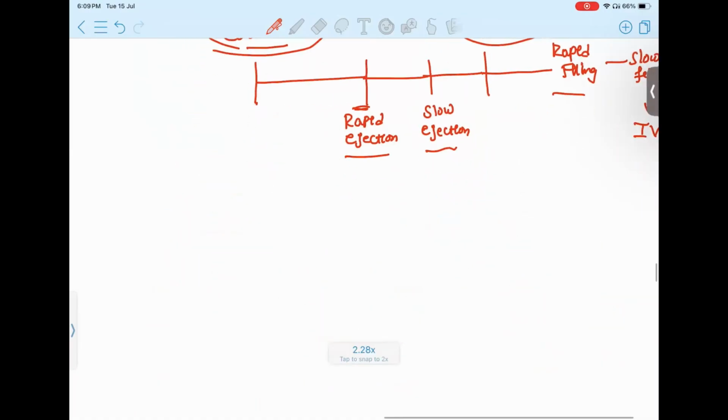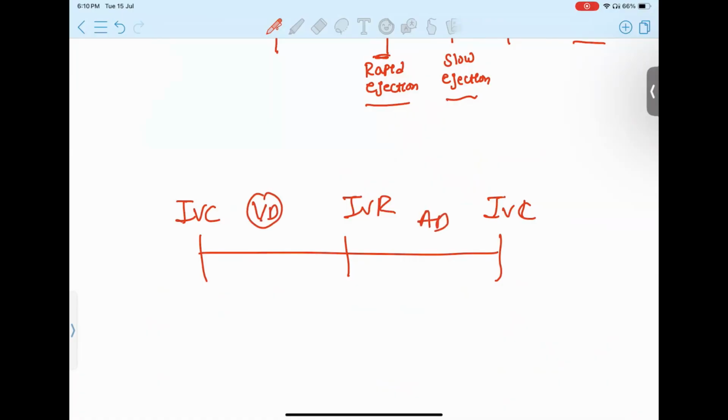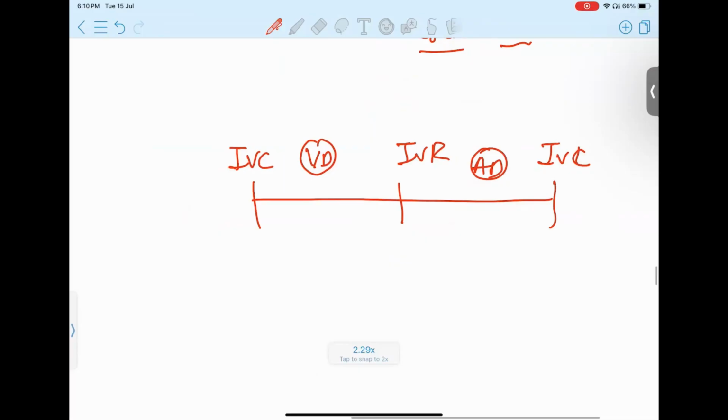And also here you have to remember what the murmurs are and when they occur. So remember this way: isovolumetric contraction, ventricular ejection, and isovolumetric relaxation. So this is your ventricular diastole and this is your atrial diastole. Basically, in systole, the murmurs will be mitral regurgitation, because your mitral valve is closed here, and tricuspid regurgitation.